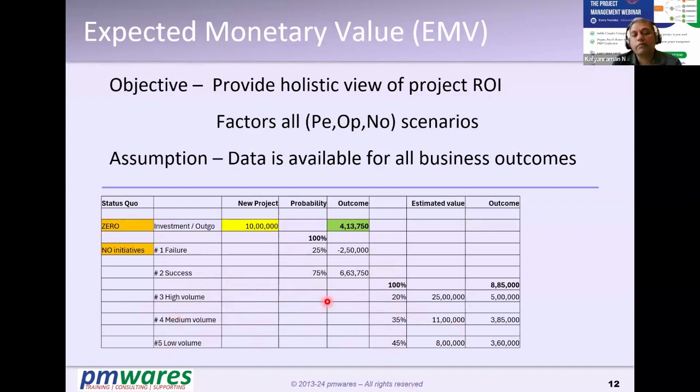And if my sales are going to be high volume, what is the revenue I am expecting? So I'm not looking at revenue as a constant. I'm looking at it as a probability. So the actual result is here, 5 lakhs, 3 lakhs, or 360. So the total revenue expected is 8,85,000 in case I succeed with these probabilities.